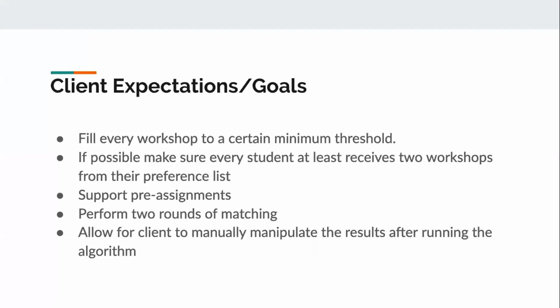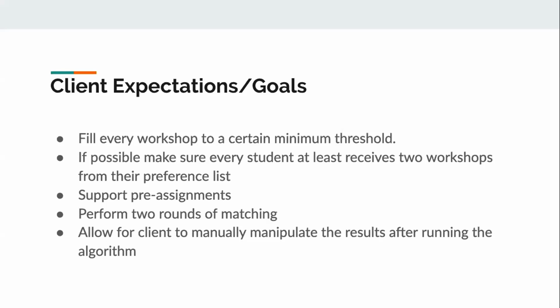But given this limitation, we also had to make sure that every student receives at least 2 of the workshops in their preference list. We recognized early on that this could be a problem depending on the distribution of preferences, because with students from 5th to 8th grade, or depending on how a workshop is listed or marketed on the form or website, some workshops are going to be more popular than others.